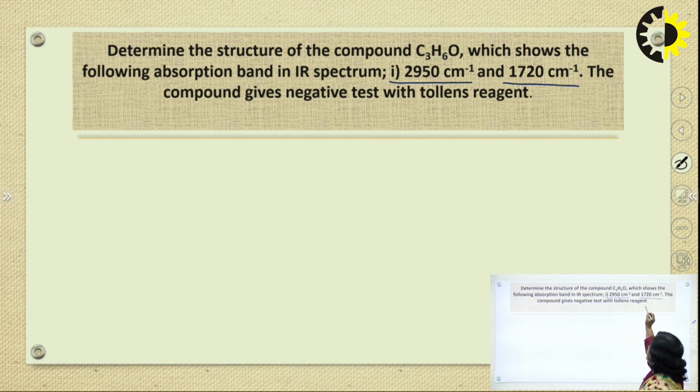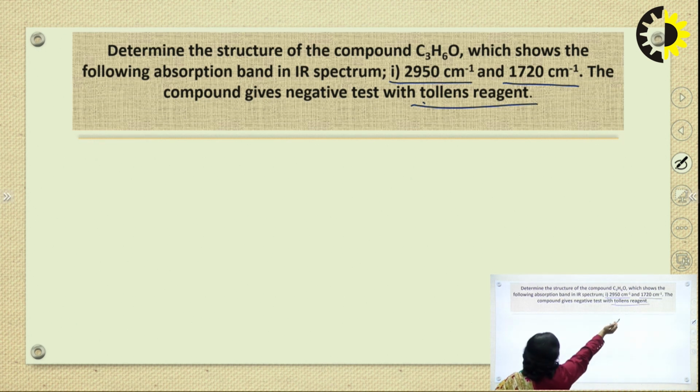The only clue other than this is that it gives a negative test with Tollens' reagent. So what are the reactions, what is the procedure? We will find the structural formula.